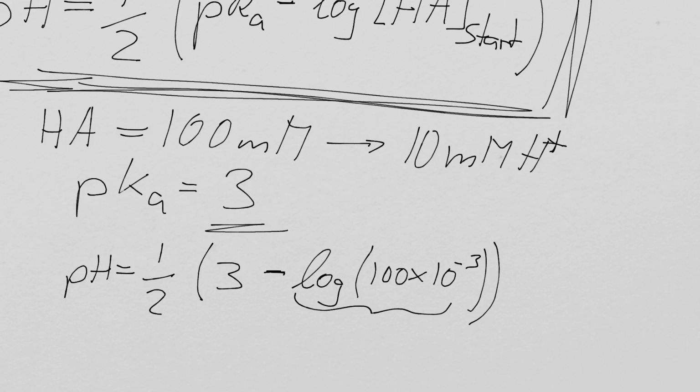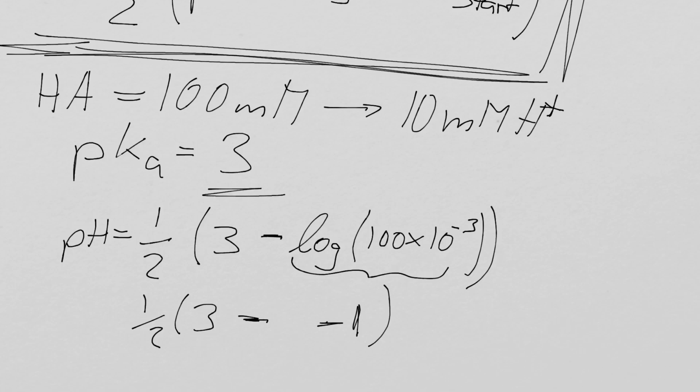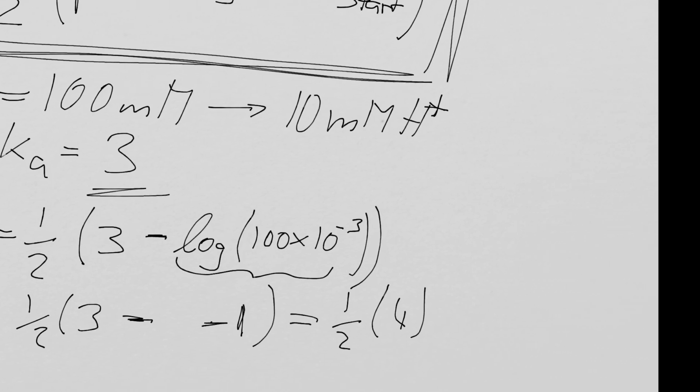Got it? Yep. So it's negative 1. So we have 1/2 of 3 minus negative 1. And that gives us 1/2 of 4. 3 minus negative 1 is 4. Half of 4 is 2. Yeah? So the pH of this acid is 2.